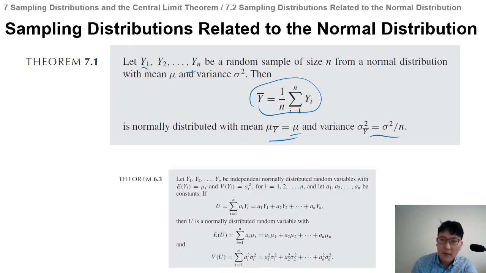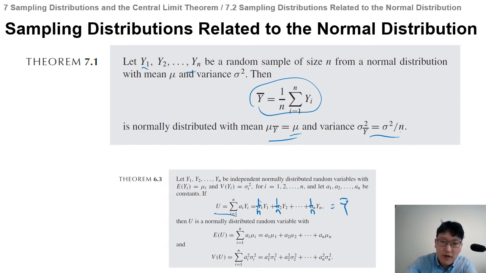And how can we prove it? Actually, we can directly apply theorem 6.3 here. In 6.3, for the U statistic, let the a_i's be 1 over n. If the a_i's are all 1 over n, then this U statistic is exactly y bar.